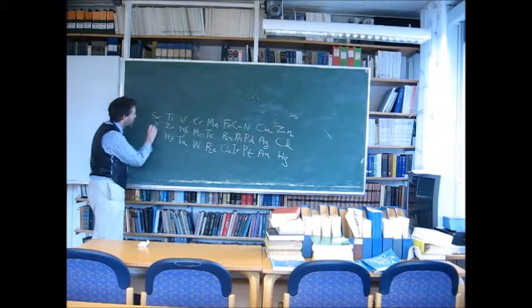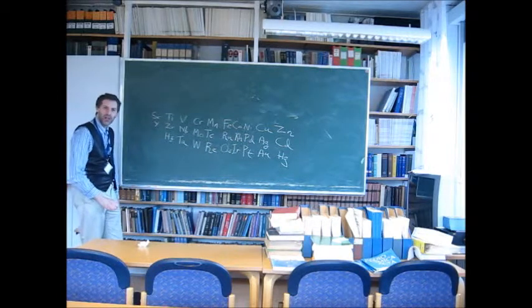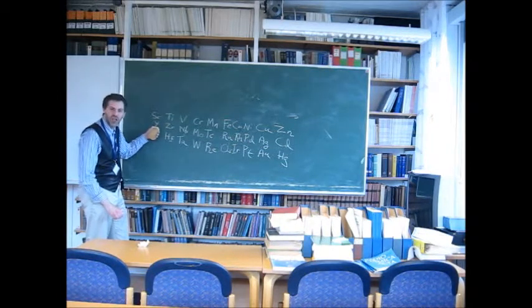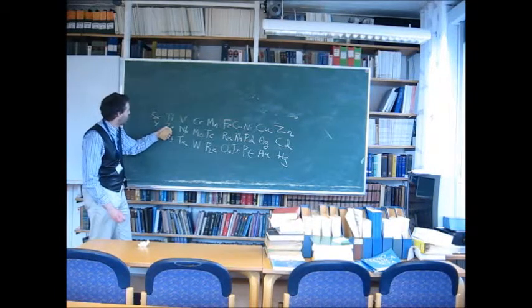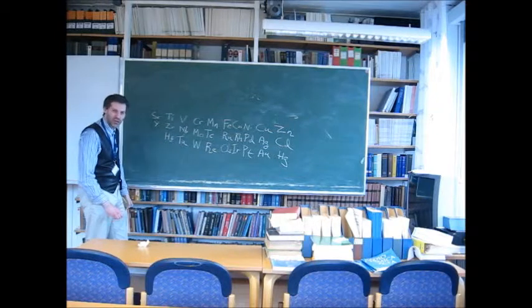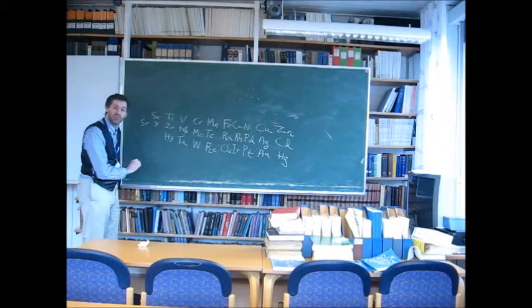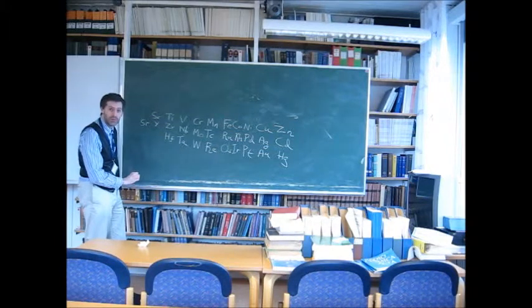We have yttrium here. The yttrium here is an interesting one, because if you form yttrium-90, it decays by radioactive beta decay into zirconium-90. And the parent of yttrium-90 is strontium-90, which gives us the position of strontium in the periodic table.